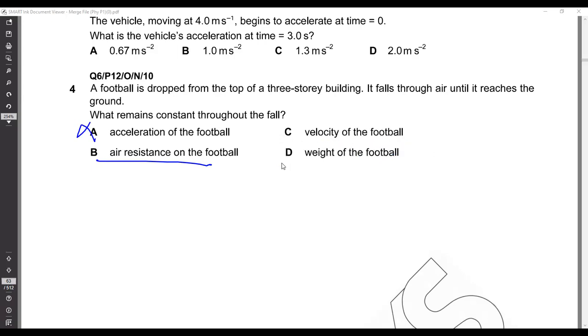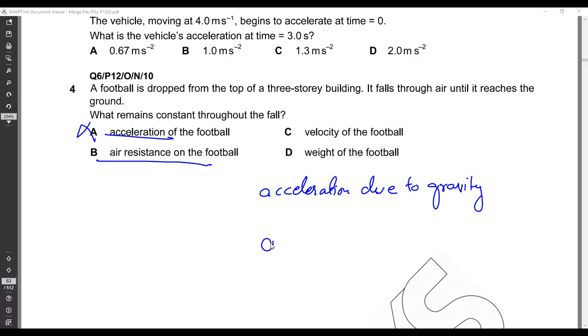Acceleration. Okay, you are thinking of two different things. There is a thing which is acceleration due to gravity. That's not going to change. Acceleration due to gravity will not change, but the acceleration of the object will change. If you are getting confused with that: acceleration due to gravity is constant, but that option is not acceleration due to gravity.